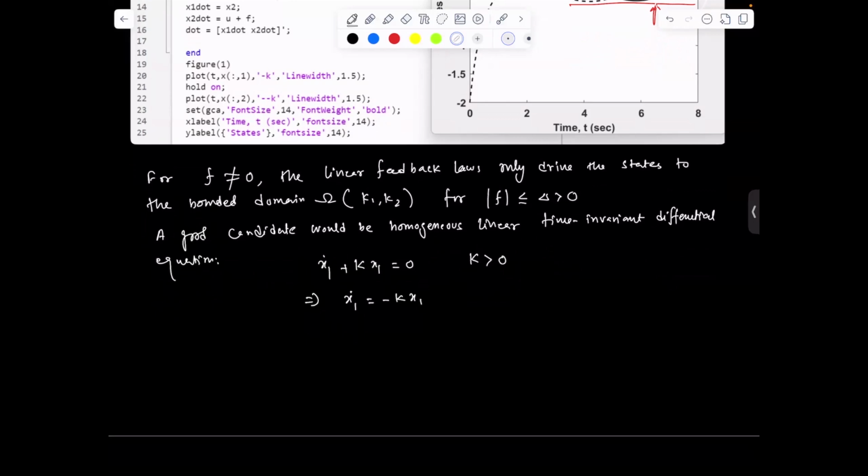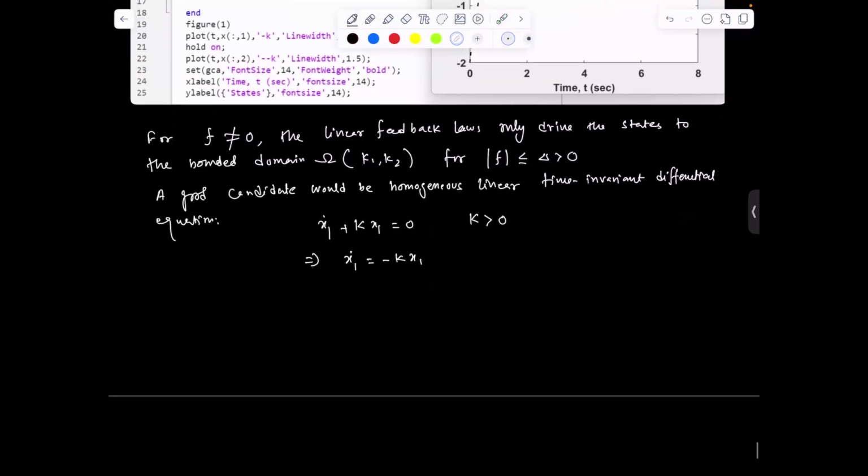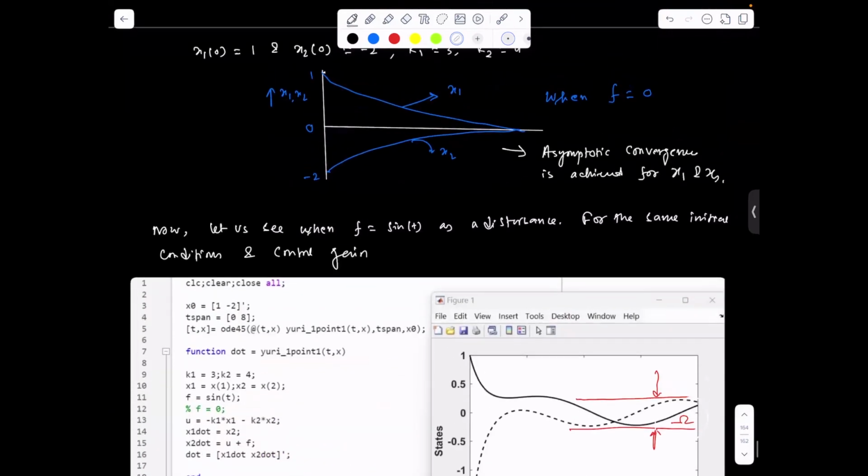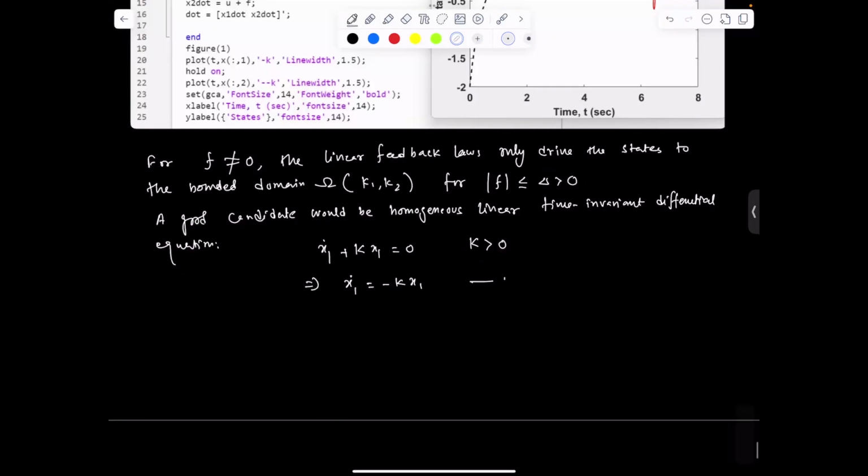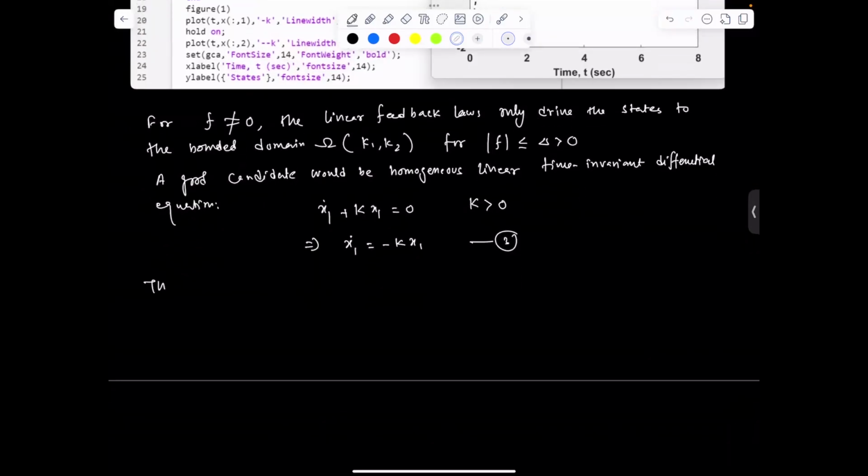Our main motivation is how we can drive our states to follow this trajectory. This is the main motivation of sliding mode control in this lecture. Now, let us define this as equation 3. The solution of equation 3 would be x1(t) equal to x1(0) e to the minus kt.